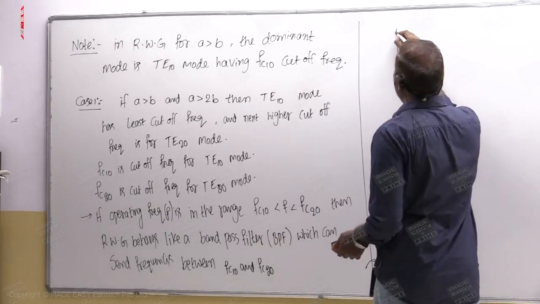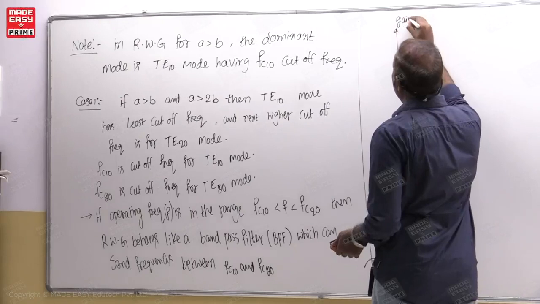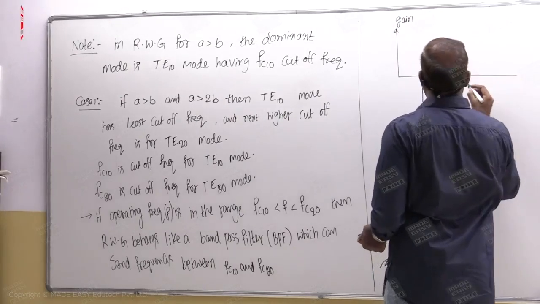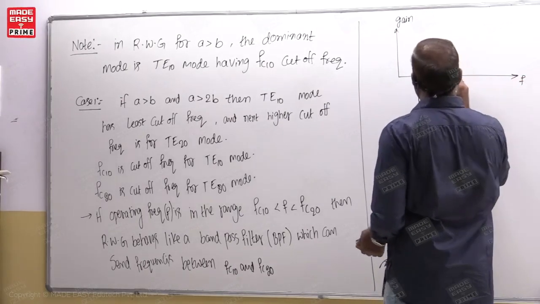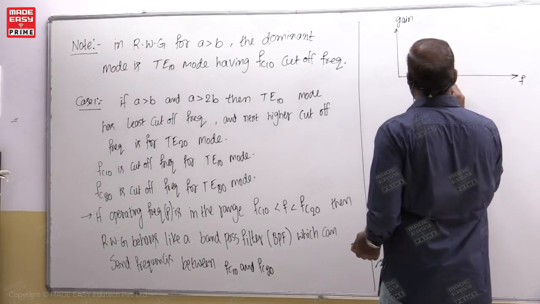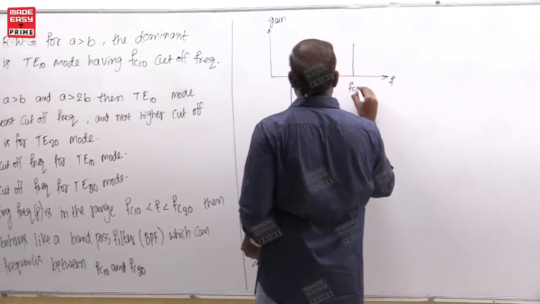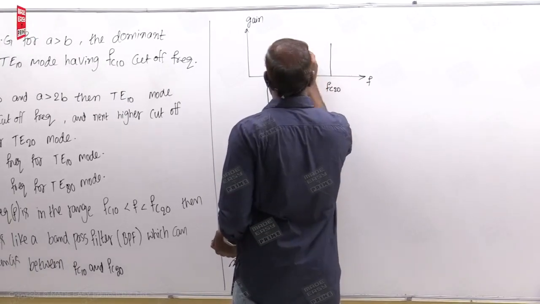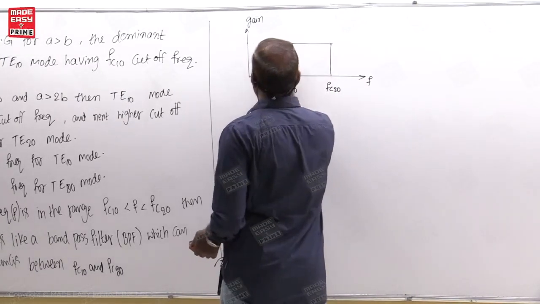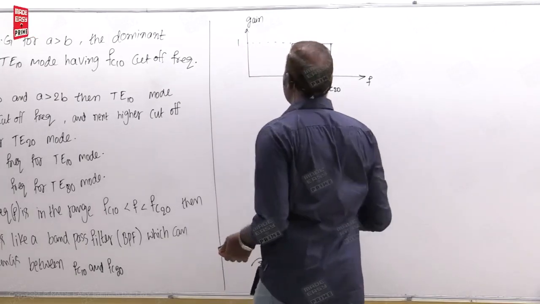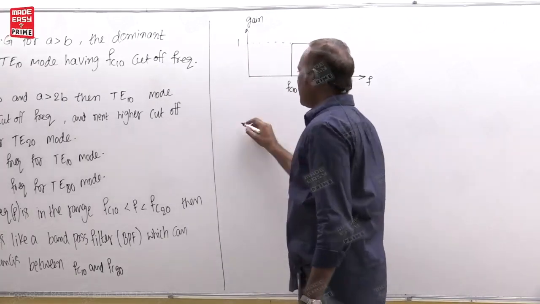Like this. If you take gain, then this is frequency. Now this is FC10, this is FC20. Here gain is maintained 1 for transmission structure. This is band pass filter.